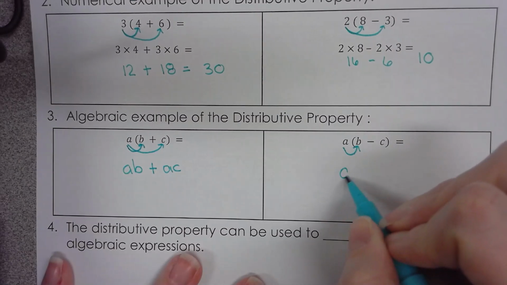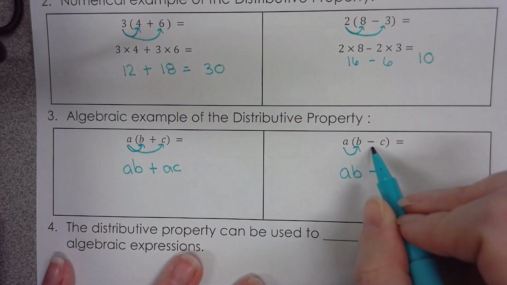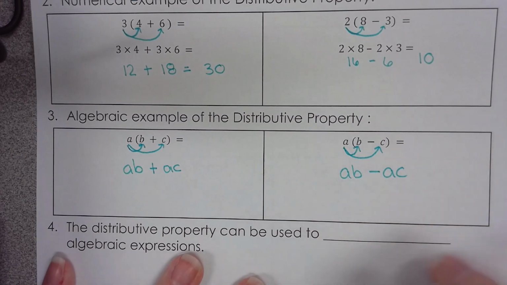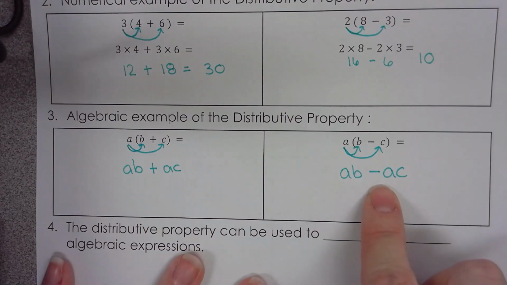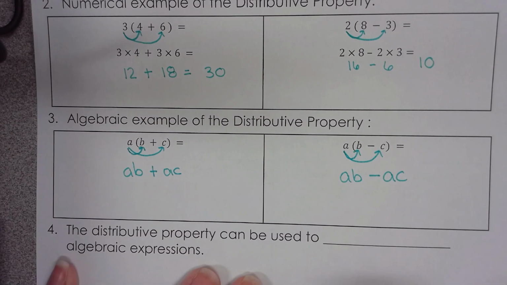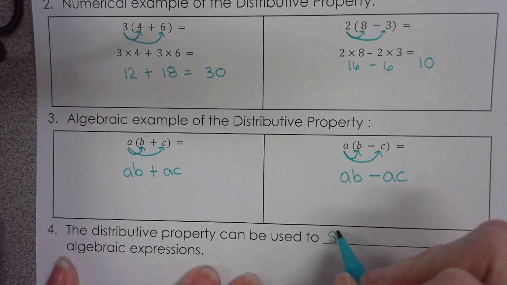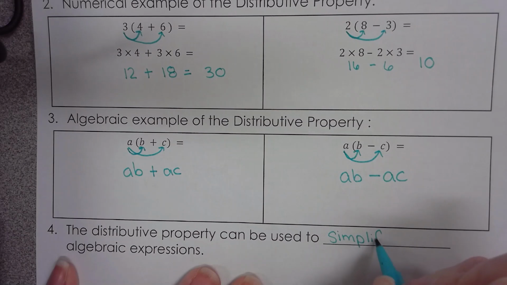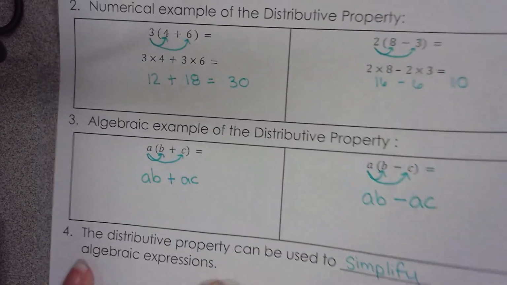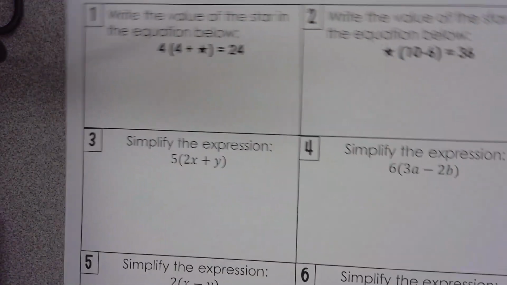A times B minus, because it's subtraction, A times C. Cannot combine them because they are not like terms. The distributive property can be used to simplify algebraic expressions. Let's go ahead and do some problems together.